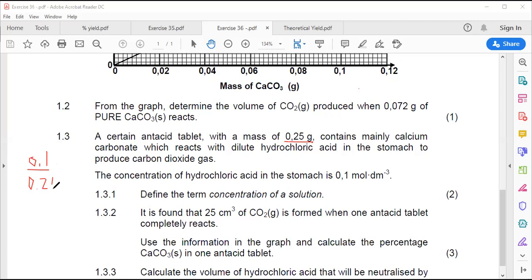What answer do you get? You get 40%. So your answer is 40%. That's the percentage of calcium carbonate in one antacid tablet.